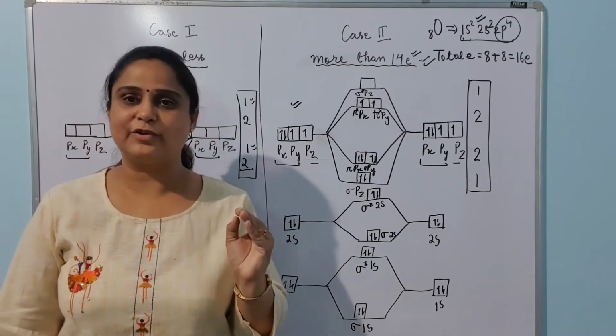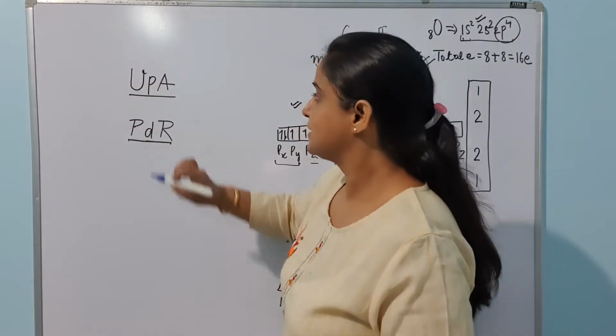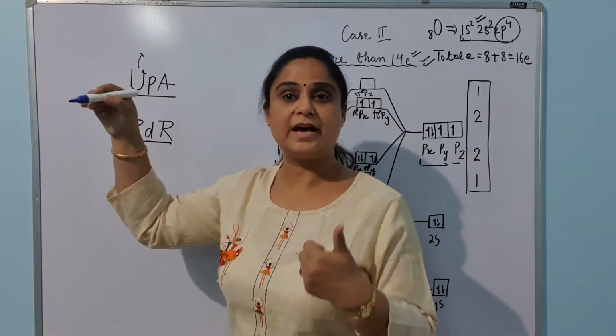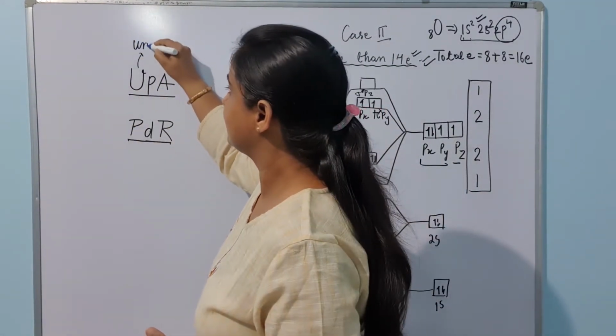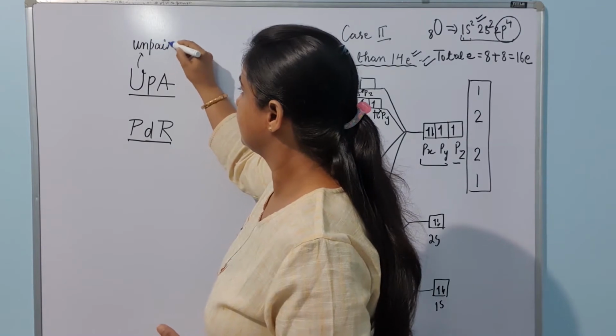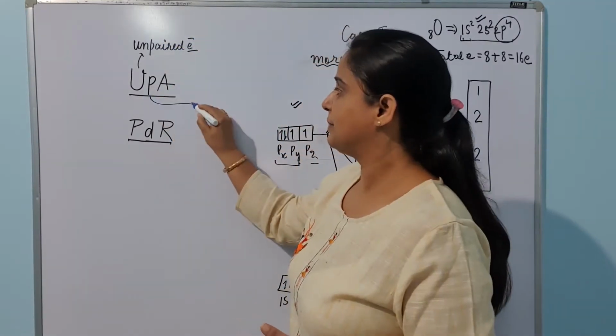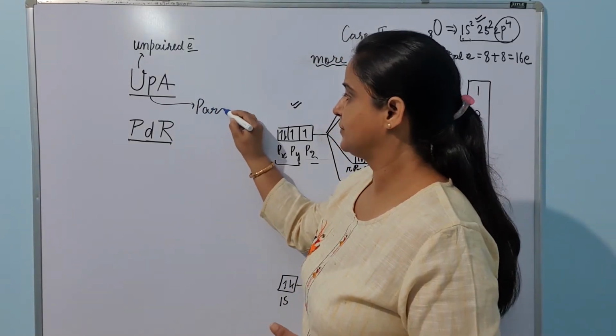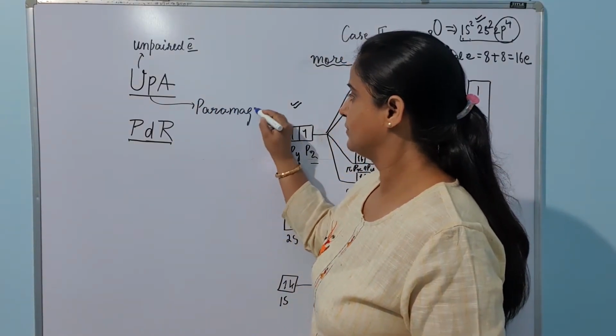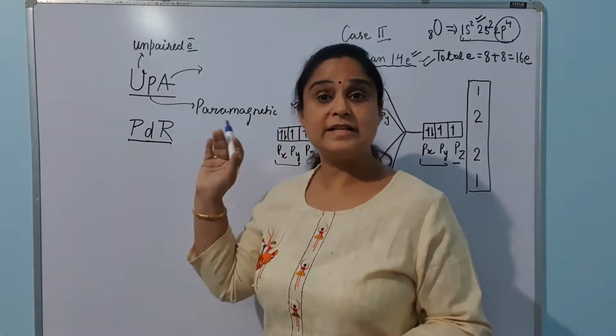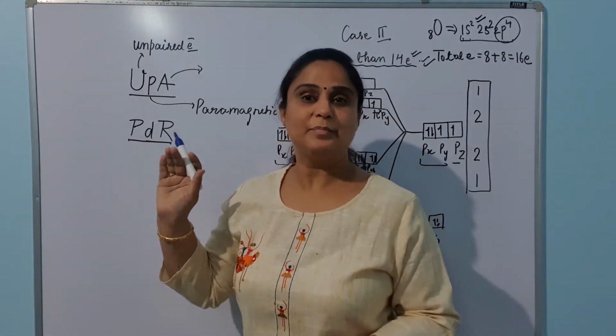I have made a trick for it. The trick is that you just remember, if your species has unpaired electrons, it is called paramagnetic. And this species will be attracted in a magnetic field.